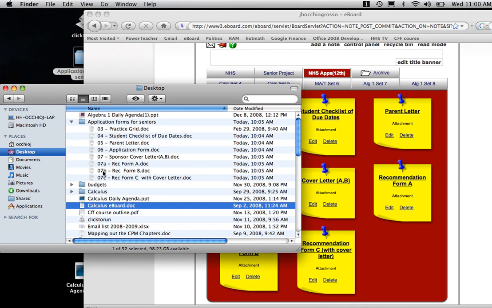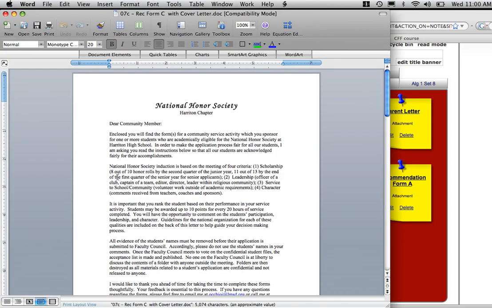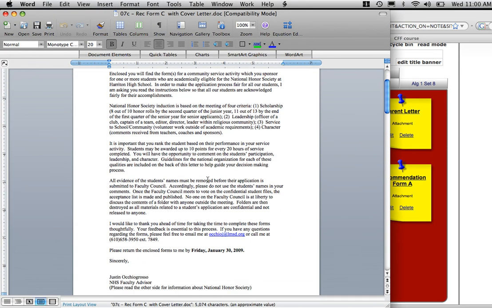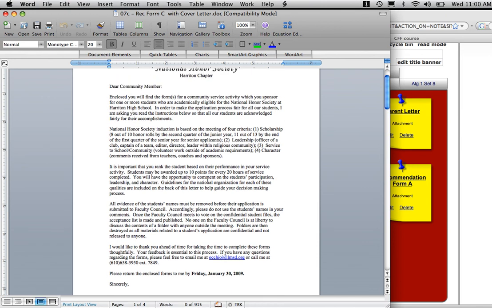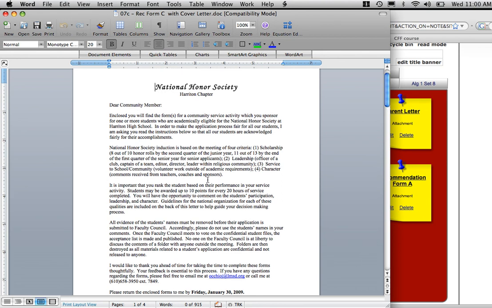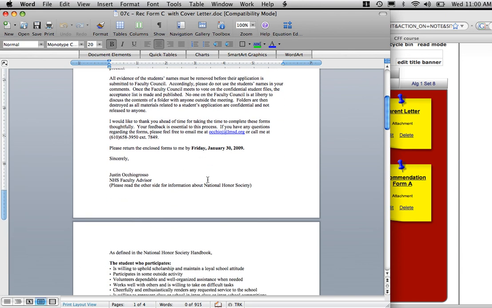So recommendation form C. This one has the cover letter included with it because it's going out to a community member. So it's a slightly different letter because this is somebody who's outside of Hareton, and they might not have any idea of what's going on in this process.